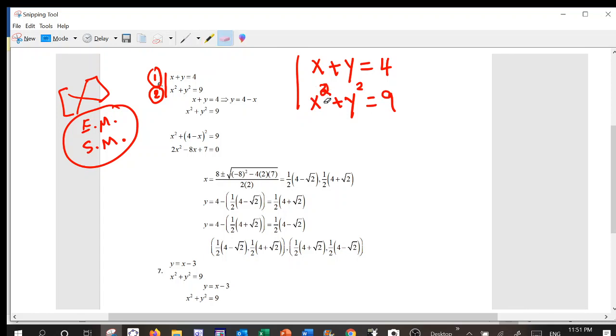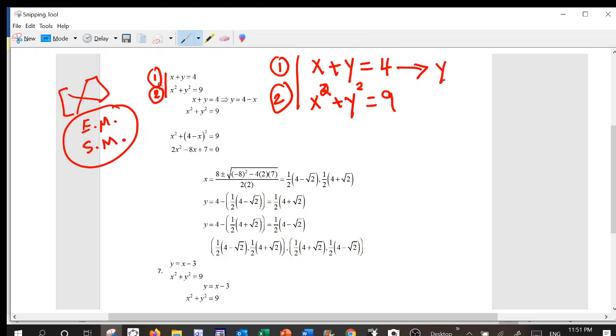So the way we do it algebraically is basically we try to solve for one variable here and put it in here, right? So we can solve for y, because this is y here, so I can follow this. We can solve for x and put it for x, it doesn't matter.